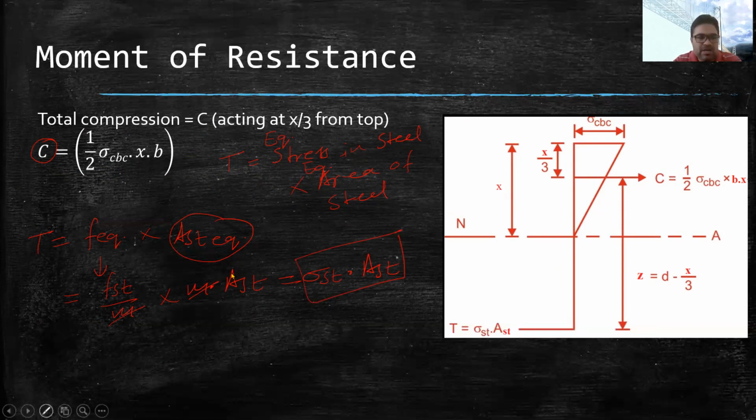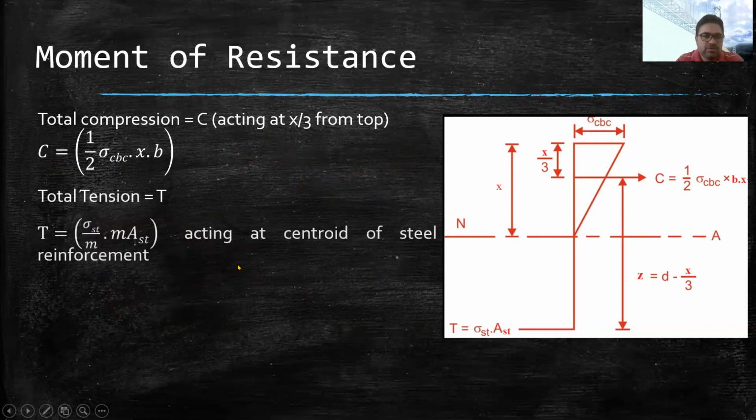I have already provided this value, so T will be equal to sigma ST into AST, as the M is cancelled out here too. Now we have found the values of C and T. How do we find the moment of resistance?